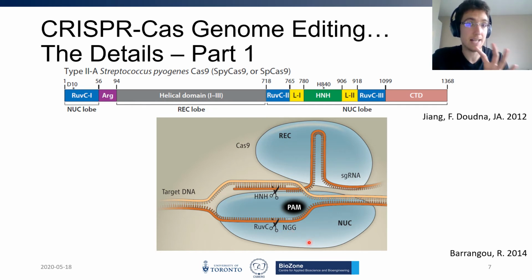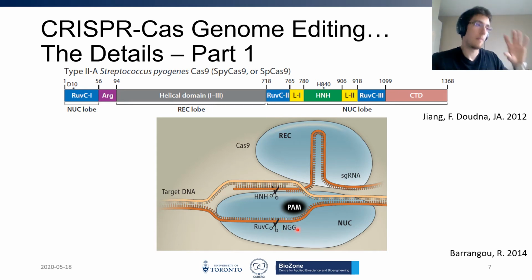Now, if Cas9 itself, the protein, sees the NGG on the DNA strand that it wants to target, that is the second signal. Okay? So the first signal is the RNA interacting with the DNA to form a hybrid. The second signal is Cas9, the protein, interacting with this NGG domain to tell it that it is a correct target, right?